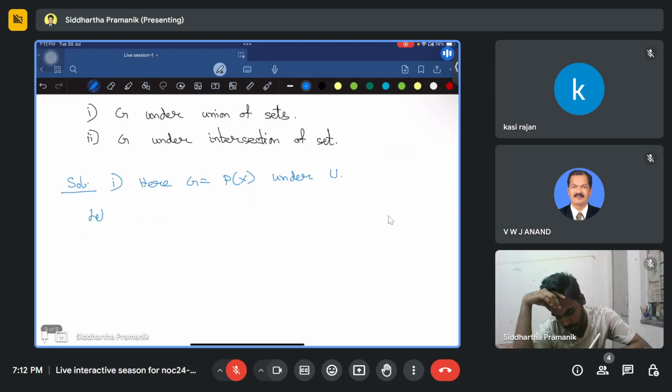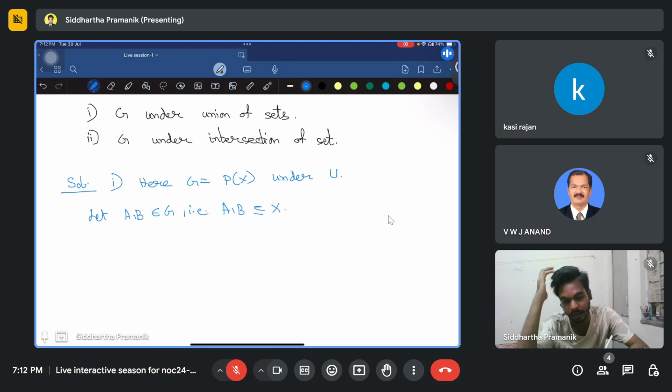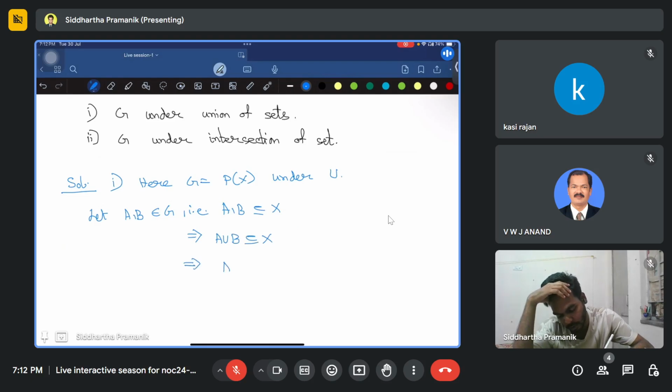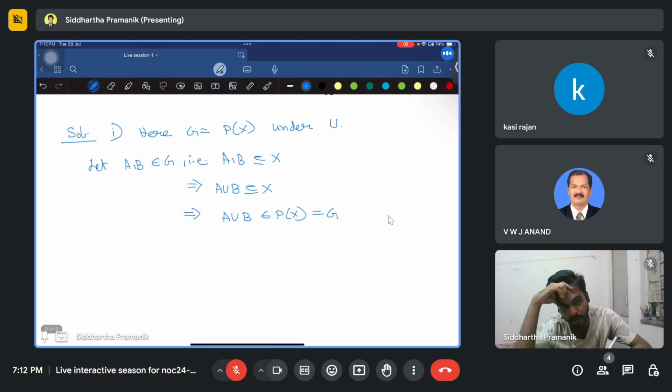Let A, B be two elements of G. It means A and B are both subsets of X. Since they are subsets of X, their union should also be a subset of X, and that means this union belongs to the power set, which is G. This is just basic set theoretic notions.